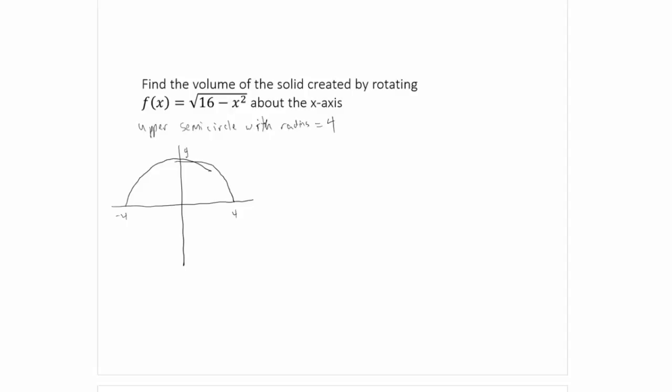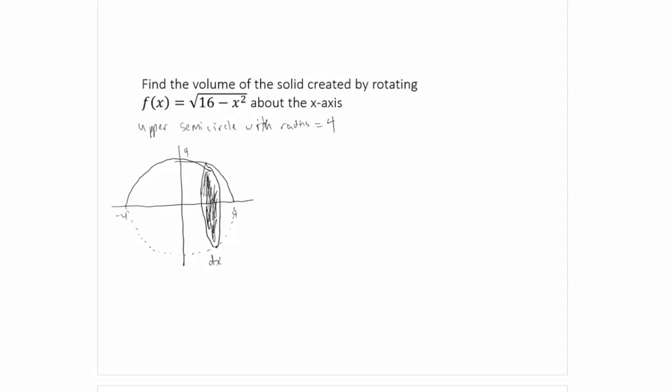And now what we're doing is rotating that function about the x-axis. So if I rotate it, I'll just do some sort of dotted here. I'm not a very good artist, so I hope you'll bear in mind that this isn't a perfect shape. But I'm rotating about the x-axis, so I can think of there being these really thin disks. And so here's a really thin disk. The thickness I'm going to think of as being the dx.